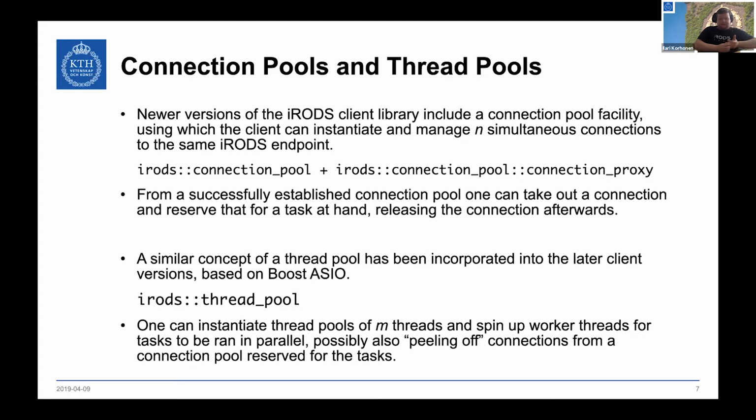And if you want to run tasks in parallel, which obviously we want to do, we can use the thread pool. So we can write a task that basically does a job for you. And as the guys say, we peel off a connection from the pool for the task and then let it run.